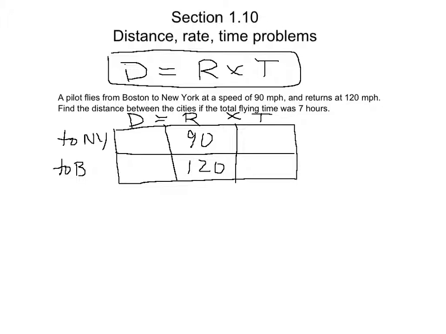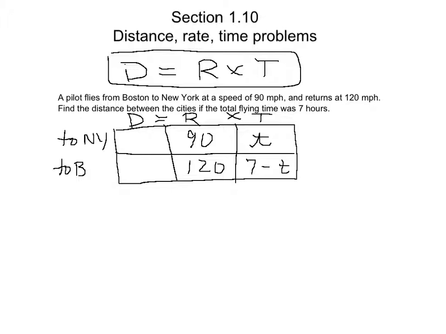This is similar to the previous problem. We know the total flying time is 7 hours. So if we say that going to New York is t hours, then how much is it going to Boston? If the total time is 7, then this must be 7 minus t, and that's the big deal.